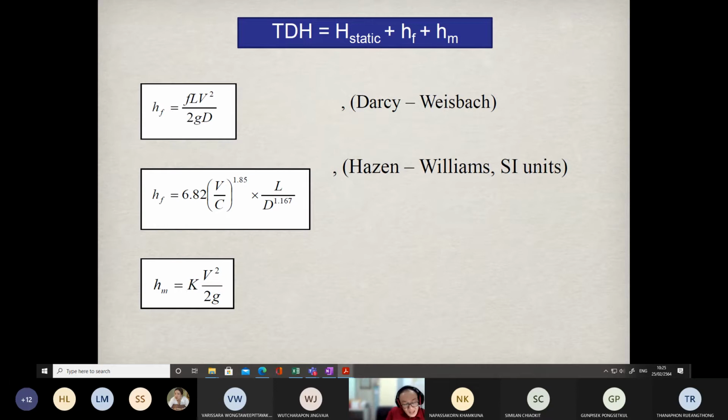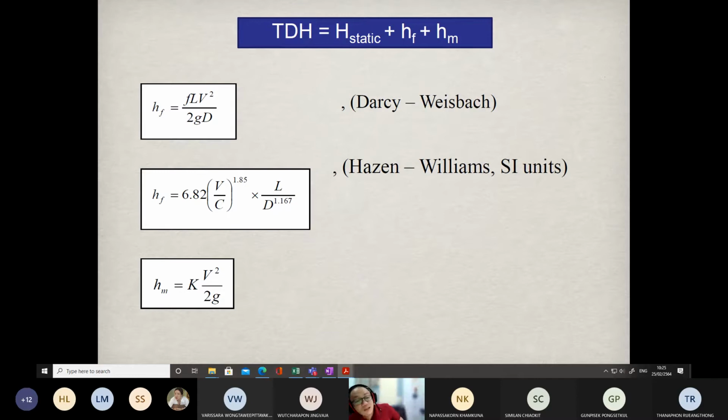The velocity also matters, and it depends on the diameter, but for the diameter, the smaller it is, the higher the head loss. The smaller the pipe diameter, the larger the head loss according to the Darcy-Weisbach equation.